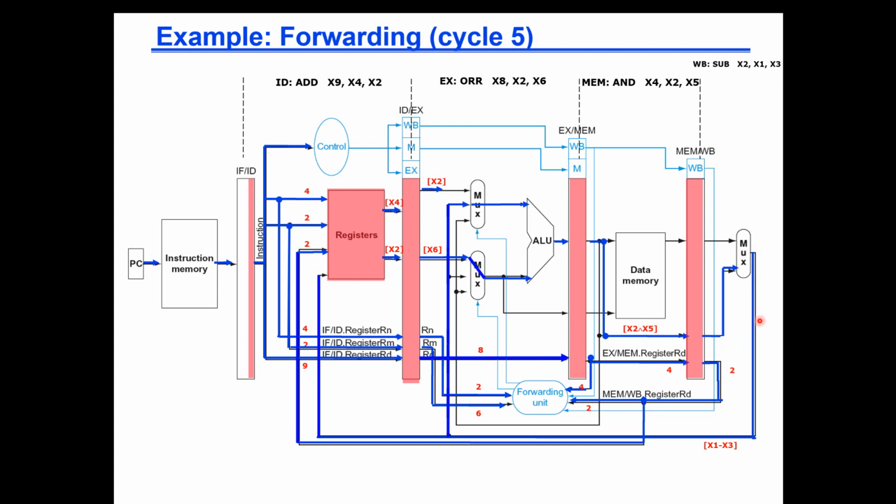Doesn't really matter, because the mux is combinational, so it's part of the same block. So we are forwarding it now via this path to execute this instruction. And it's also being written into the register file.